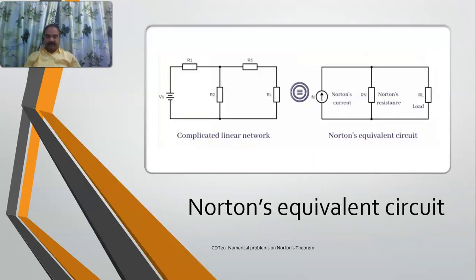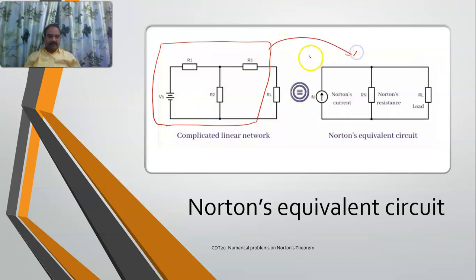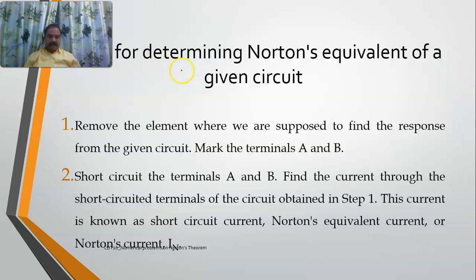as we have seen in the last lecture, any complex network is to be replaced by a current source in parallel with a resistance. We call this current source Norton's current, and this one Norton's resistance. And there are 5 steps which we have discussed in the last lecture.